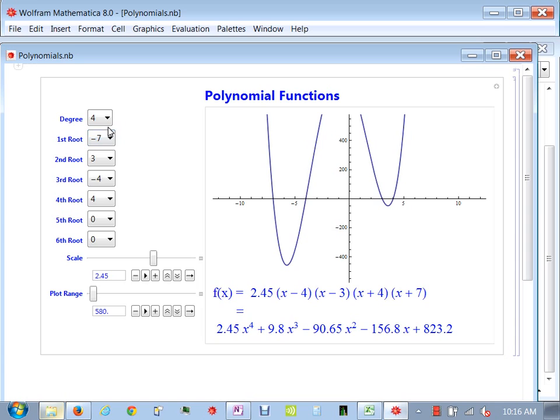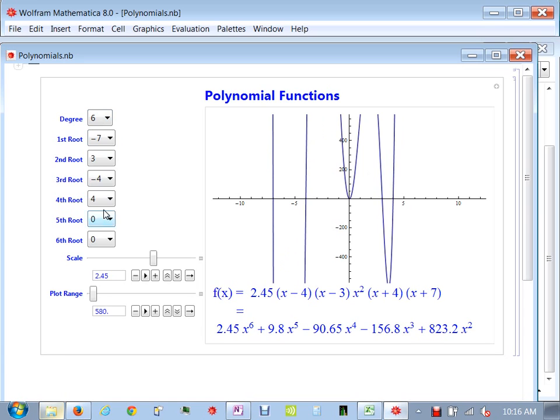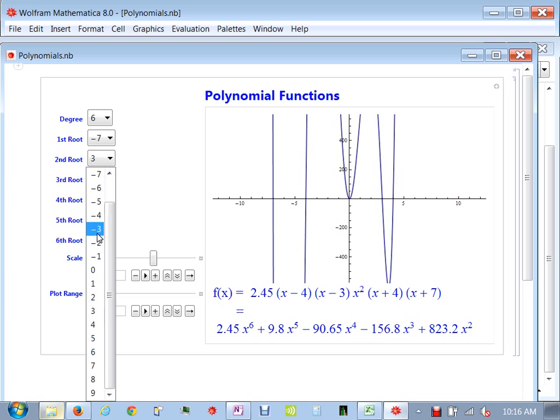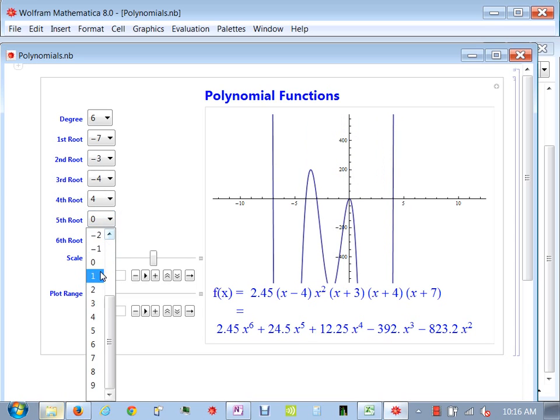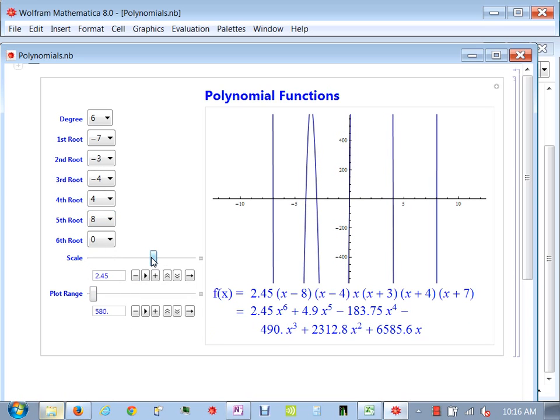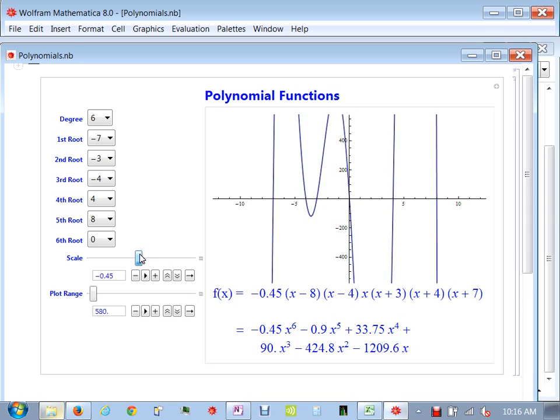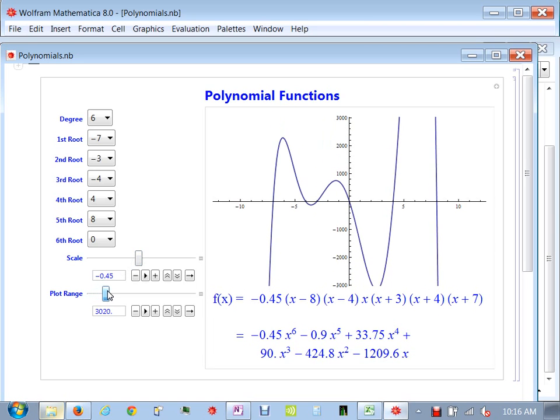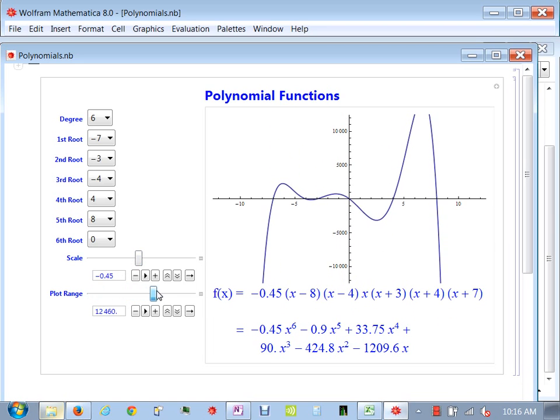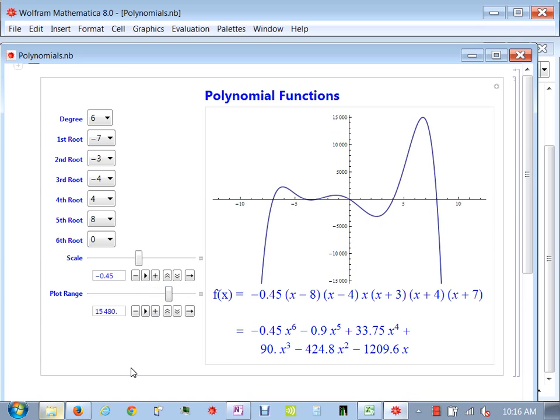Let me change this. Look at this one right here. There we go, that's another polynomial function. So right now with quadratics, 2 x-intercepts, or 1, or none. Polynomials are going to be a whole other animal.